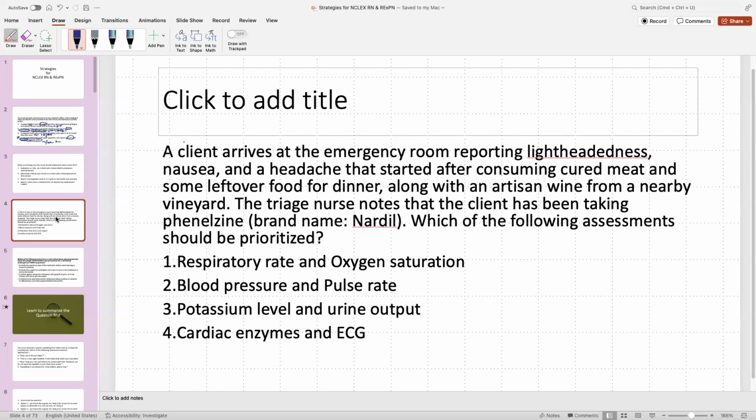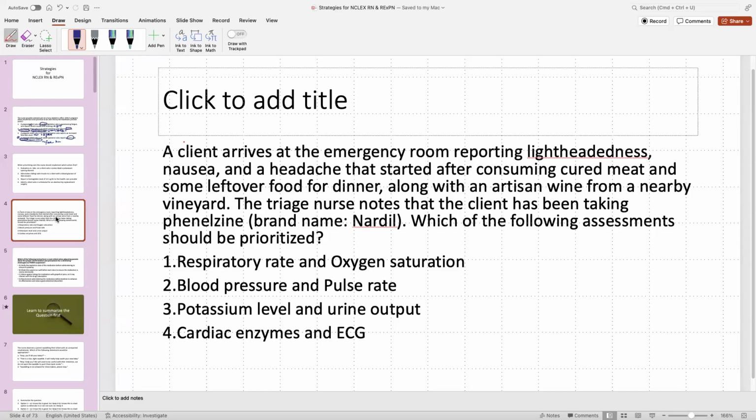So, a client arrives at the emergency room reporting lightheadedness, nausea, and a headache that started after consuming cured meat and some leftover food for dinner, along with an artisan wine from a nearby vineyard.